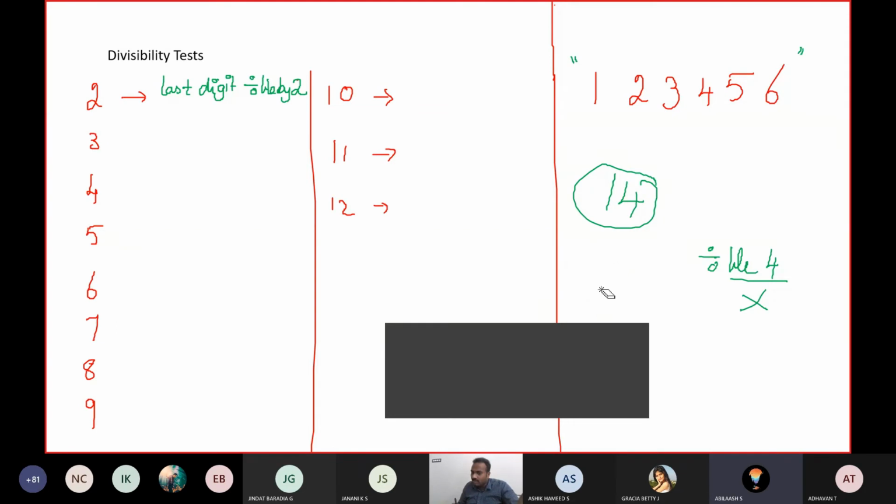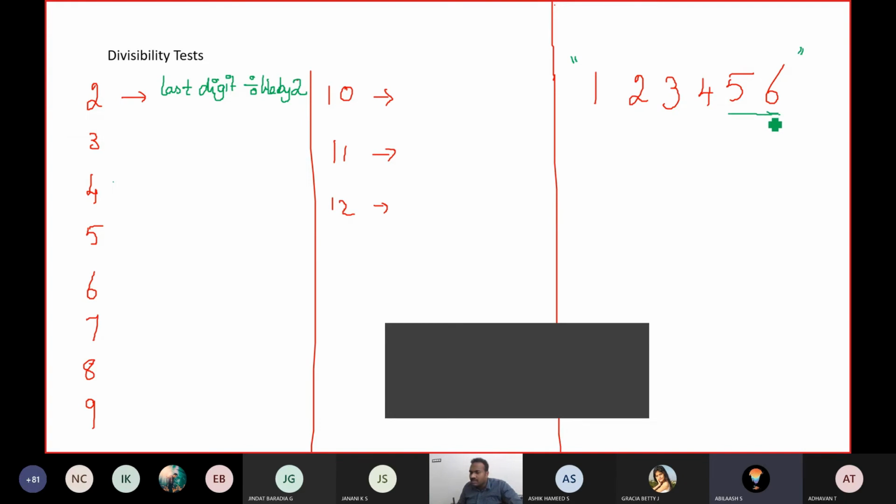Okay? Fine. So listen carefully, people. The reason why I straight away jumped from 2 to 4, leaving 3, is the fact that the divisibility rules of 2 and 4 are somewhat related. If we check for 2, you just check whether the last digit is divisible by 2. Same way, in order to check the divisibility rule for 4, all you're supposed to do is check the last two digits.